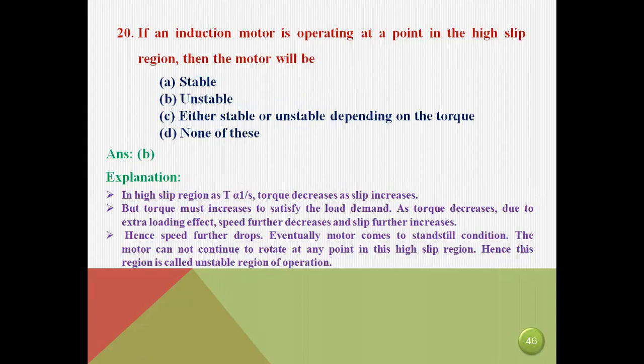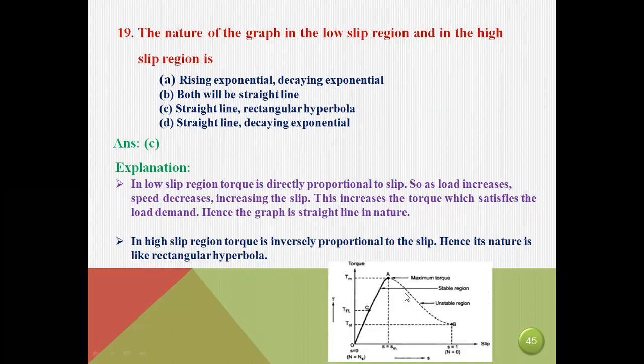Now, there is a question: if an induction motor is operating at a point in the high slip region, what happens? Just see the graph. In the low slip region, the motor is stable. But in the high slip region, it is unstable.